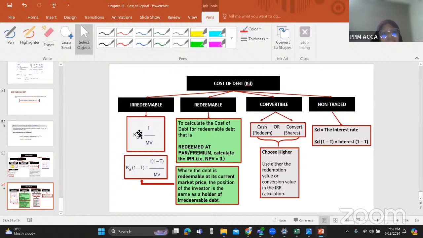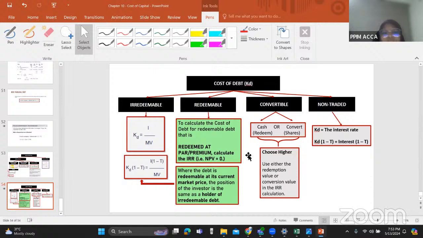Every year they will pay 10%, 12%, whatever the interest is, but they won't pay back the principal to the person who gave them the money. For irredeemable debt, cost of debt will be the interest over the market value of the debt. And to incorporate tax, KD will be the interest times 1 minus T over market value.